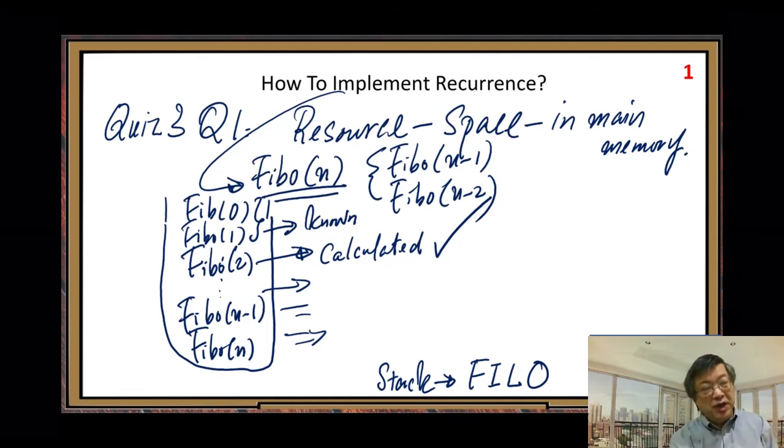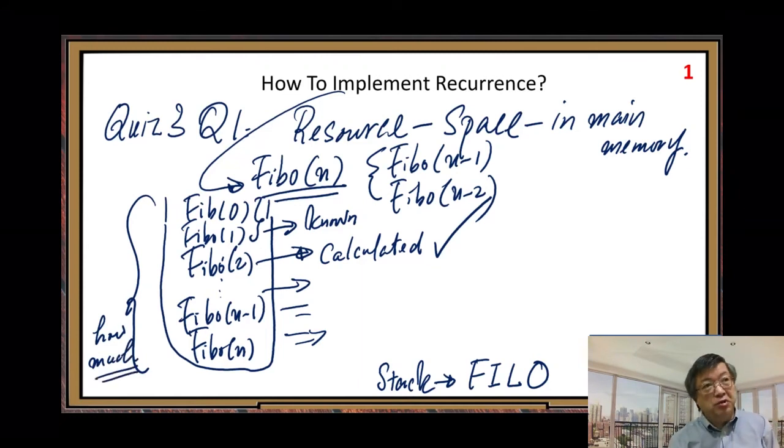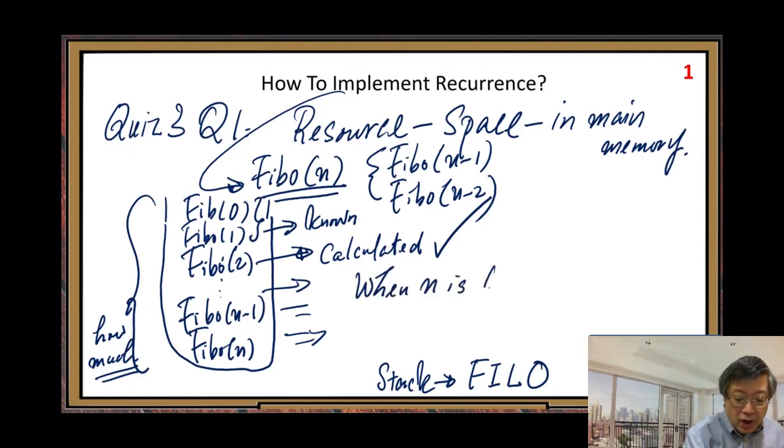All right, so with this in your mind, now look at how much resource is used. Look at the stack, because the stack in main memory consumes a lot of memory. And think about this: when n is very large, the stack is very deep.